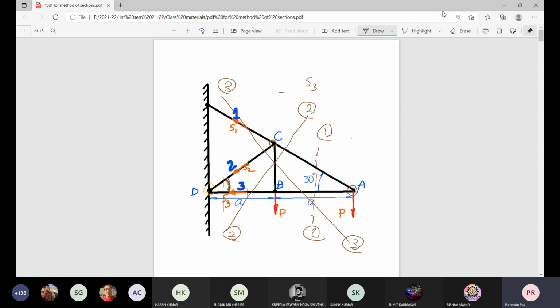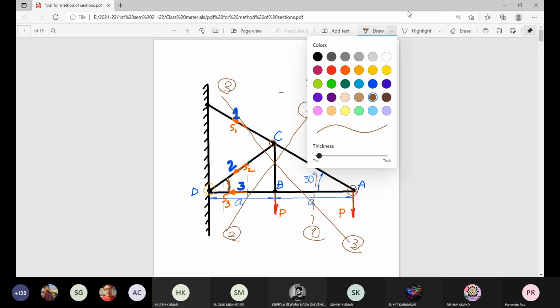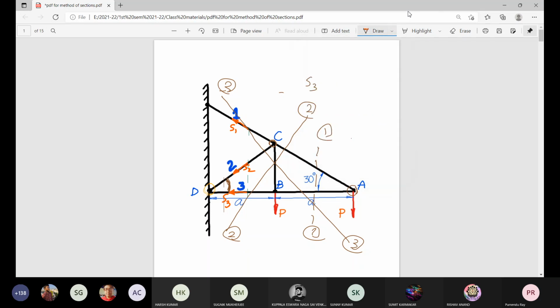Only this plane gives S1, S2 and S3, all 3 forces. But this type of simple problem you may not get always. So for that you have to utilize your common sense so that the maximum number of unknown forces can be accommodated in that cutting plane.